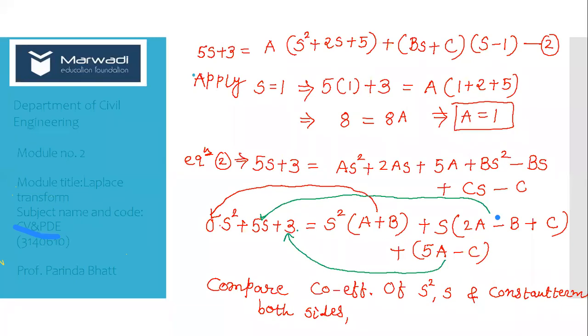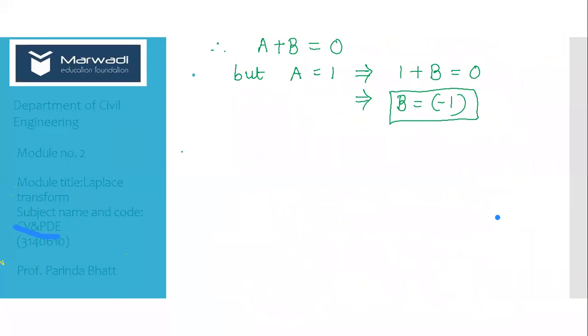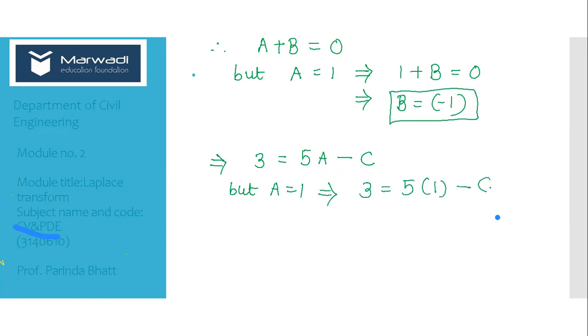Therefore, we compare the constant: 3 equal to 5a minus c, but a equal to 1. 3 equal to 5 into 1 minus c. Therefore, c equal to 5 minus 3, which is 2.